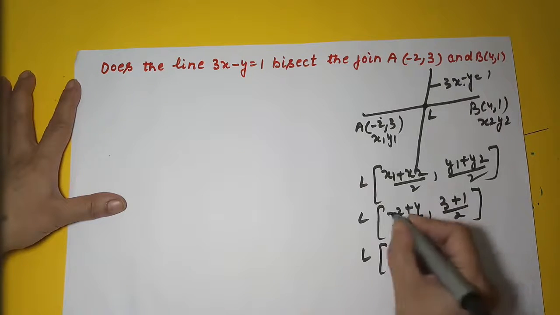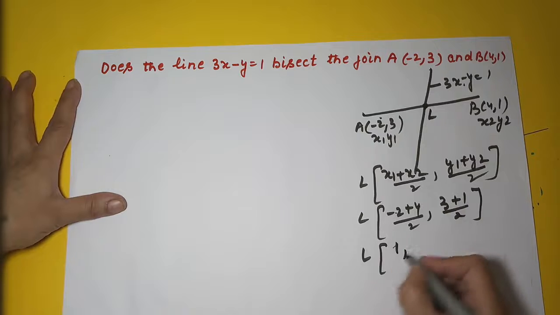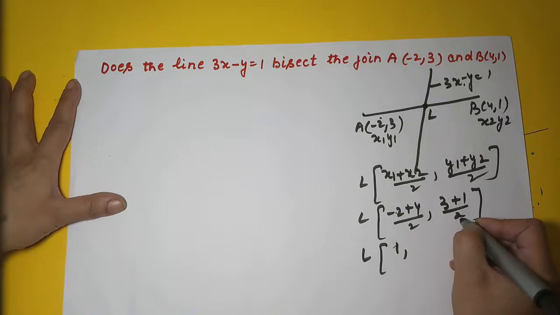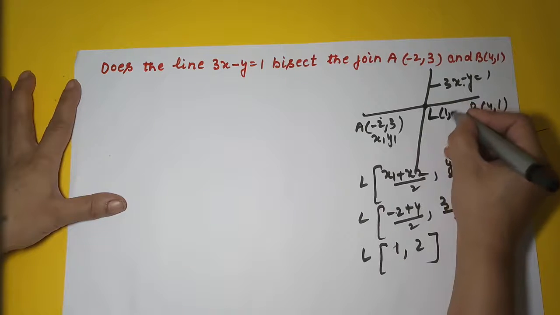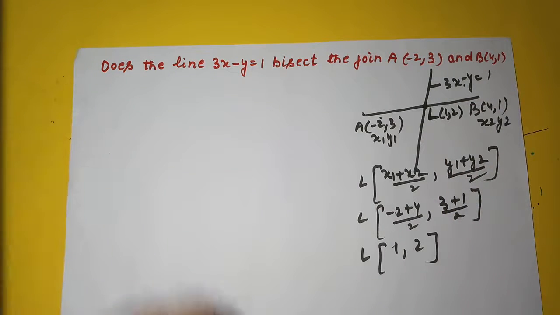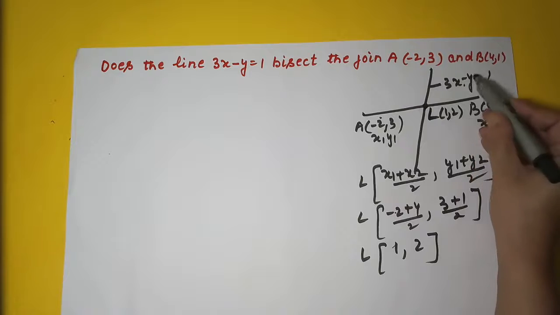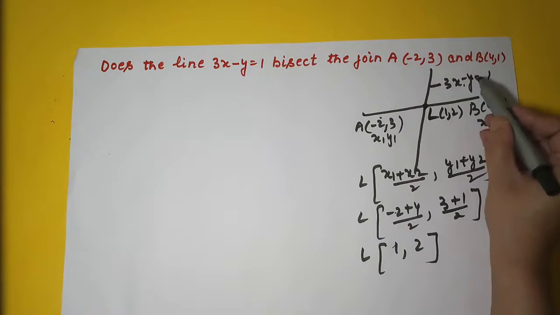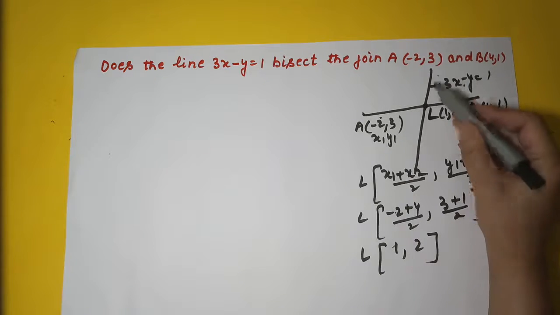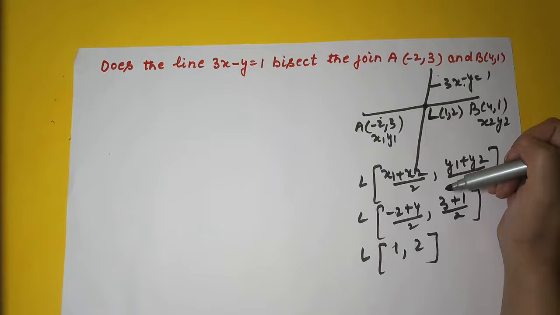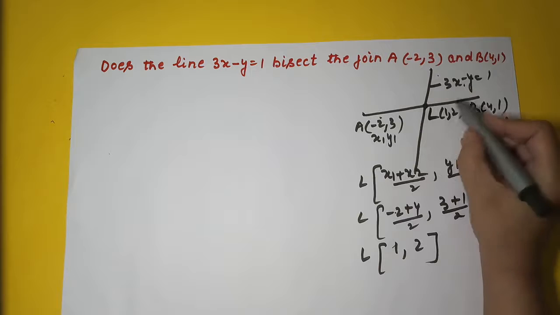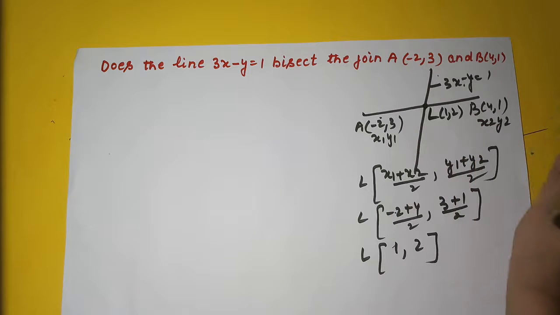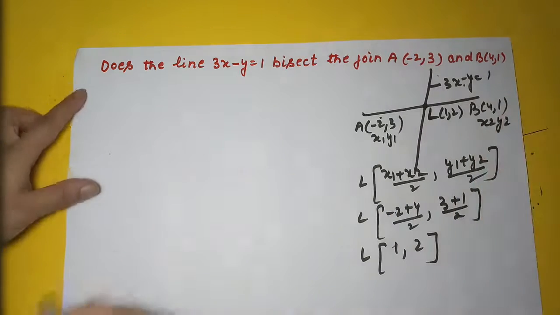So the coordinates of L will be 2 by 2, which is 1, and 3 plus 1 is 4 by 2 is 2. So you got the coordinates of L as 1 and 2. Now if this point satisfies this equation, does it mean this equation passes through this point? Right? So if it passes through this point, then obviously this is bisecting line AB. Fine. So let's check that.